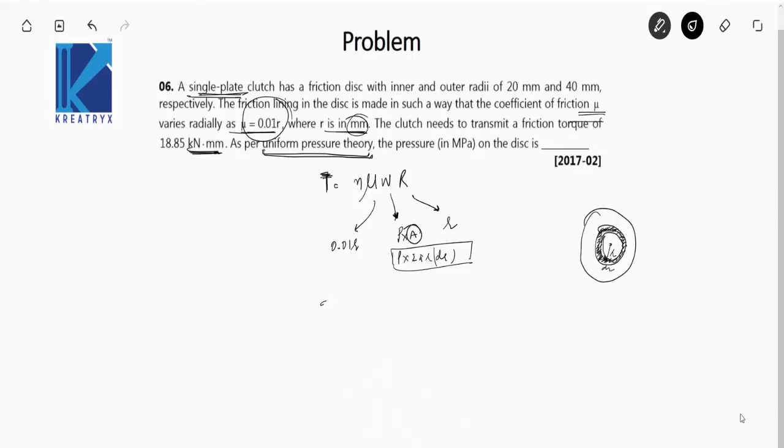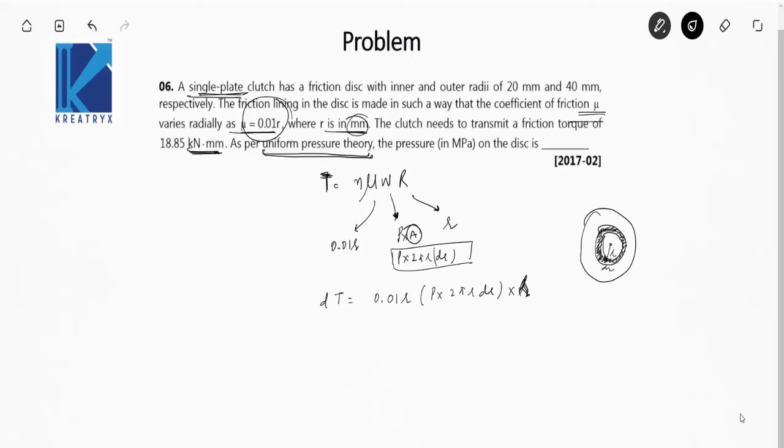So dT is equal to n, which is 1, and mu is 0.01 r, into P into 2 pi r dr, into r, small r.